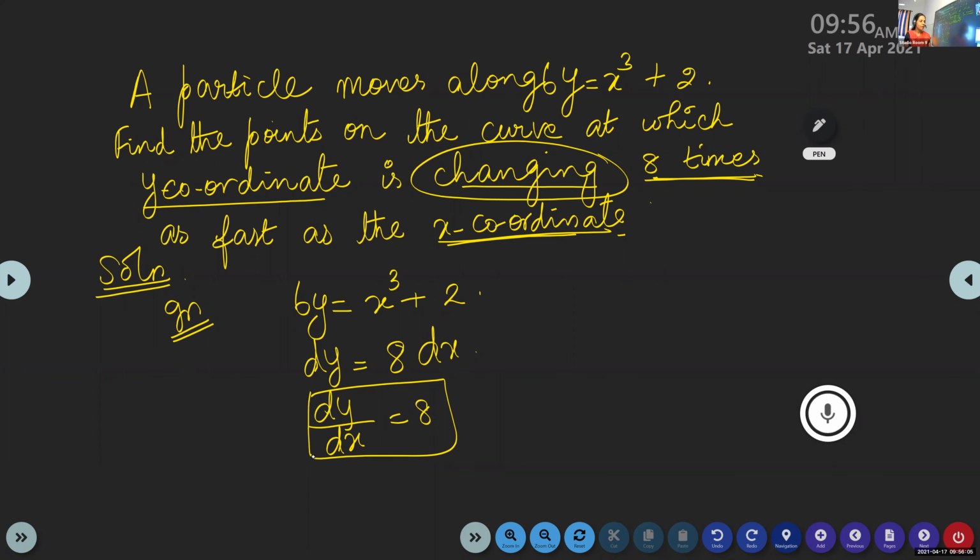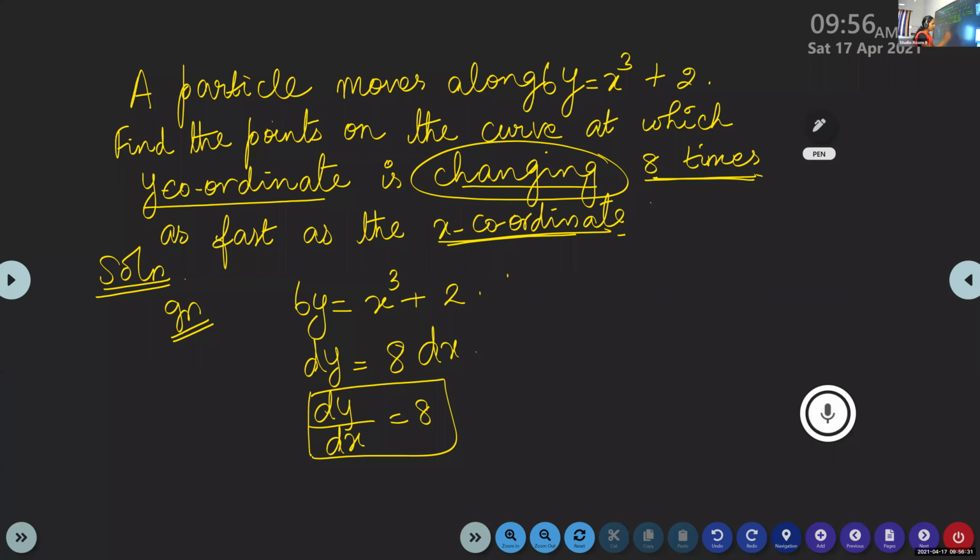Instead of giving dy by dx, it is given that y is changing 8 times as fast as x coordinate. Change in y means we denote it as dy. Change in x means we denote it as dx. dy is 8 times dx. Is it clear? So now this is dy by dx given. From the given curve, is it possible to find dy by dx?